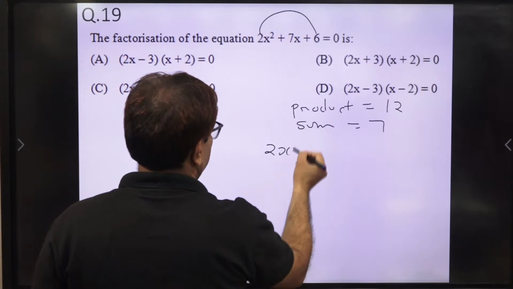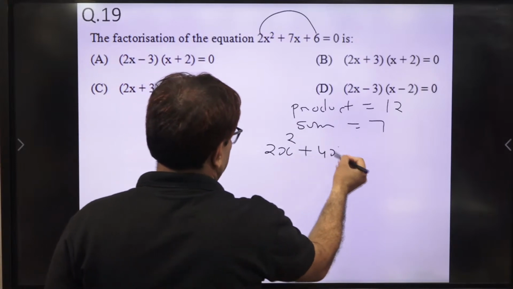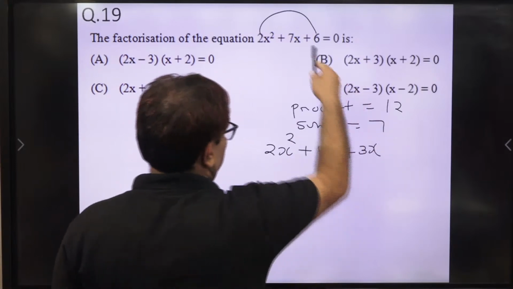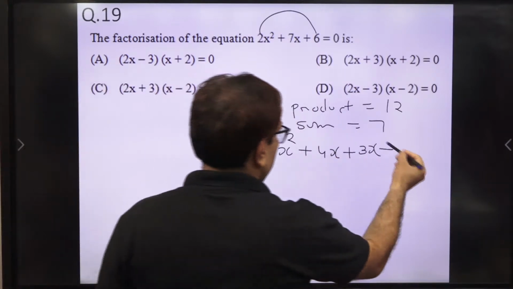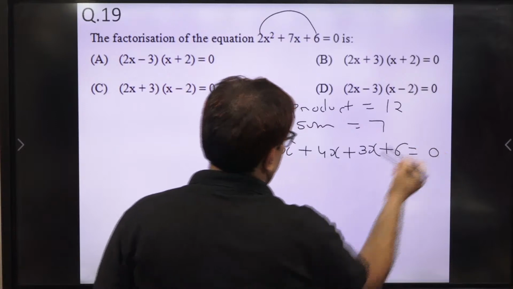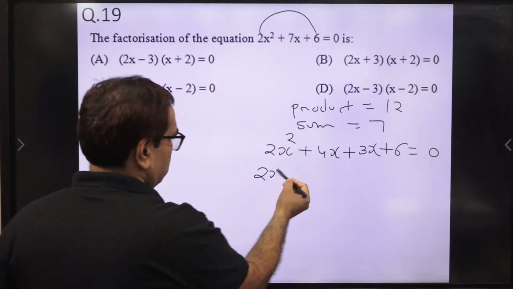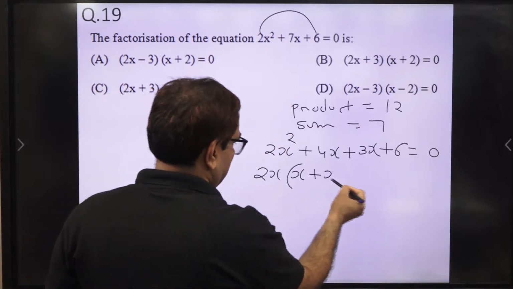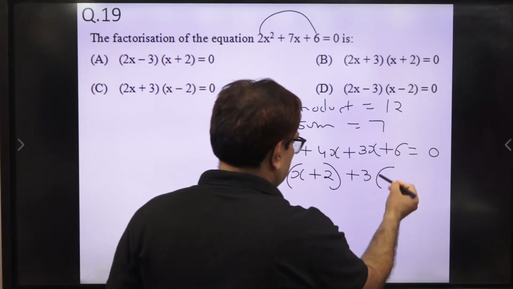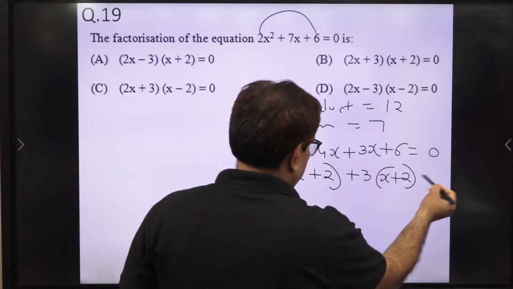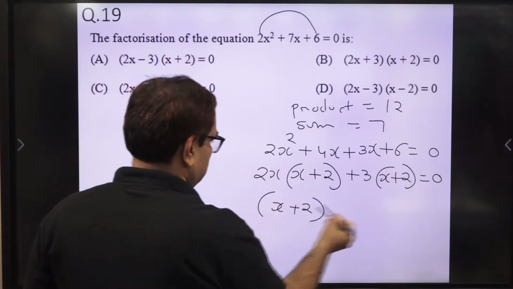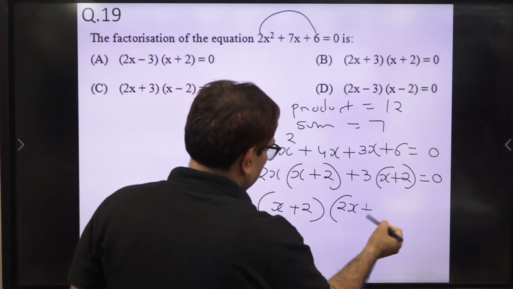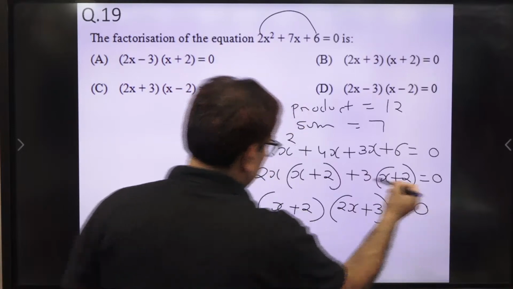We can write 2x square plus 4x plus 3x plus 6 equal to 0. If we take 2x common, we get x plus 2, and then we take 3 common, so we get x plus 2. And if we take x plus 2 common, we get x plus 2 into 2x plus 3 equal to 0. So this is the solution.